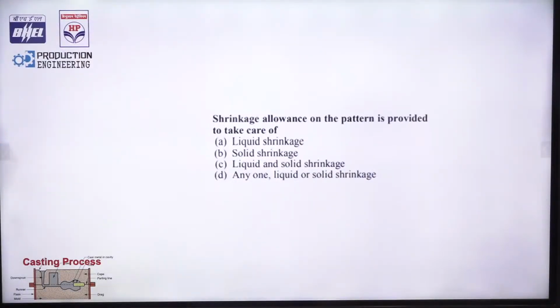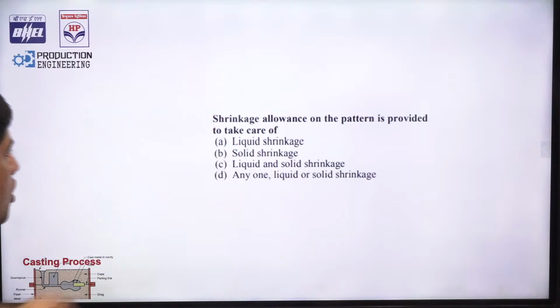Okay, shrinkage allowance. Answer the question now. Shrinkage allowance on a pattern is provided to take care of what? Liquid shrinkage, solid shrinkage, liquid and solid shrinkage, what? Answer this question.